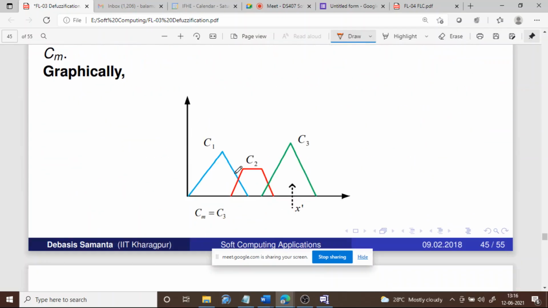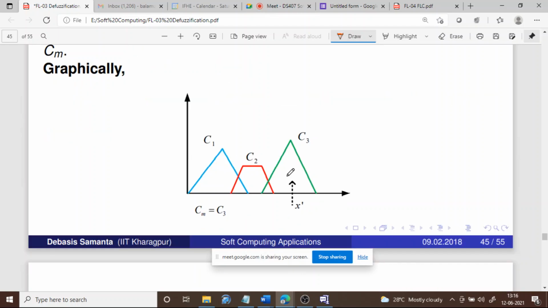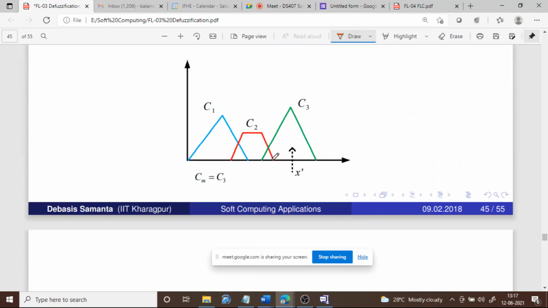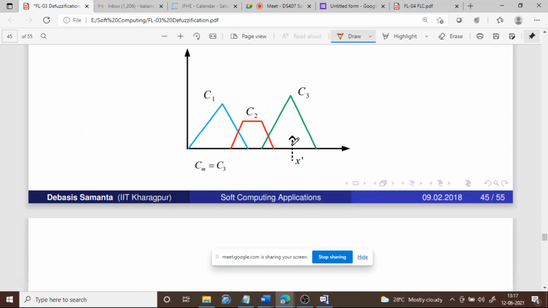So if you have more than one fuzzy set, and one of the fuzzy sets is the largest of all the two or three, then whatever set is of largest area, that set's center of gravity you can use to calculate the defuzzified value, right?